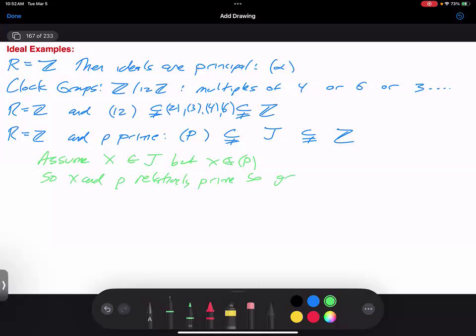So the GCD of x and P equals 1. So you should have a Pavlovian response to certain expressions. As soon as you hear GCD, you should be thinking of the Euclidean algorithm. So by Euclidean algorithm, there exists U and V such that UX plus VP equals 1.